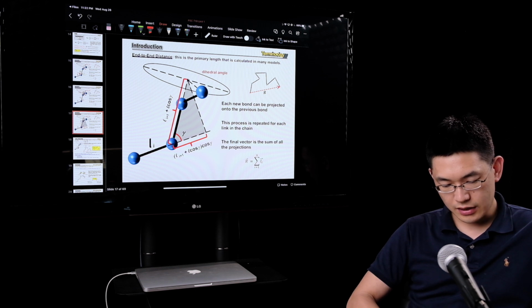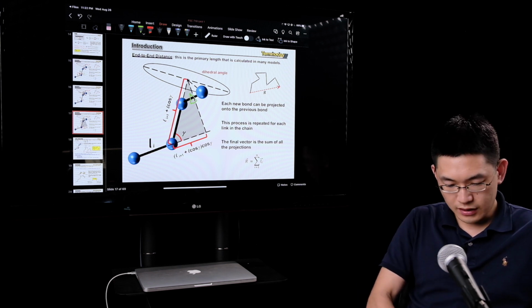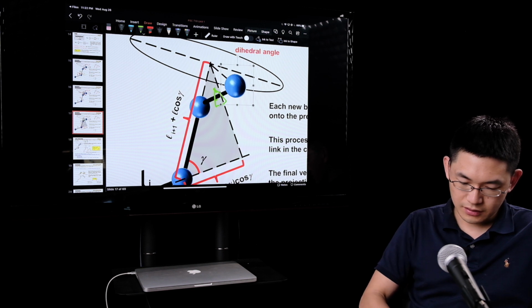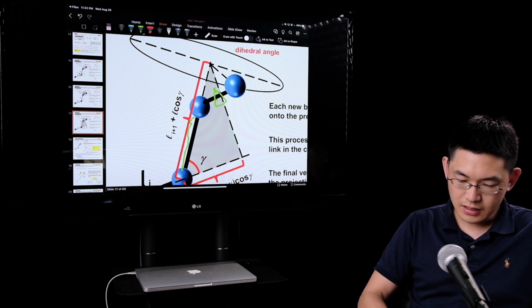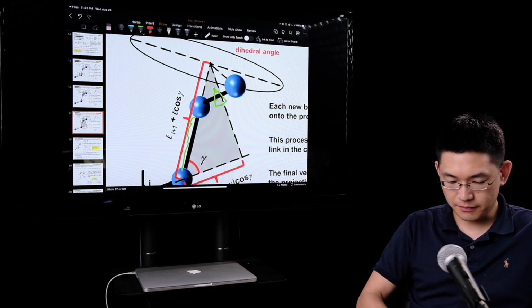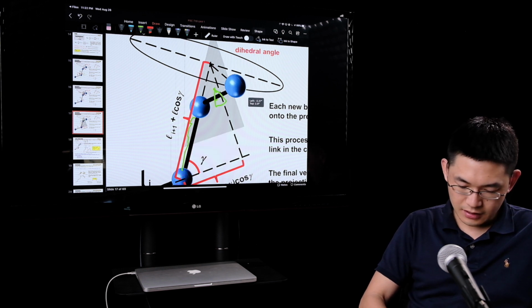So let's say this bond as shown here in this green triangle will project along into this particular bond. Okay? So their degree of projection will be equal to L_i plus L times cosine gamma. Okay? And this will be related.